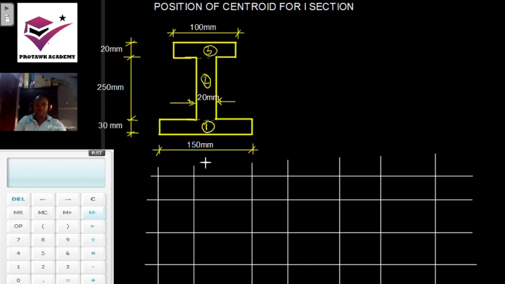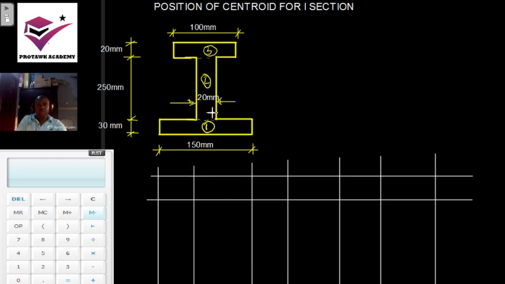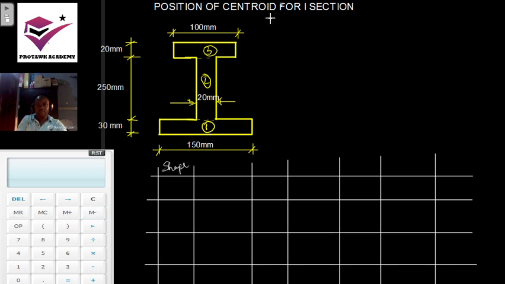So the next thing we do here is to have our shapes. We call these shapes, or items.